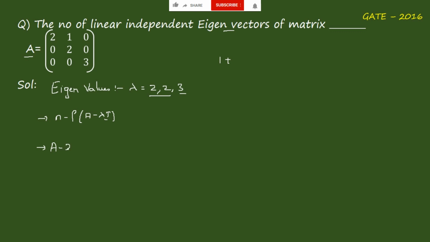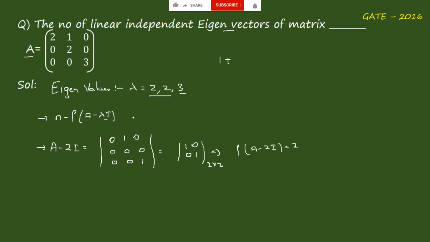A minus 2I is equal to 0, 1, 0, 0, 0, 0, 0, 0, 1, which is equal to 1, 0, 0, 1. So the rank of this 2 cross 2 matrix, rank of A minus 2I, is 2.